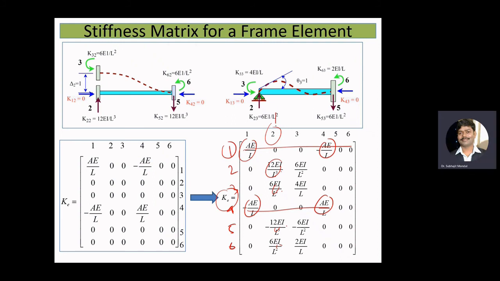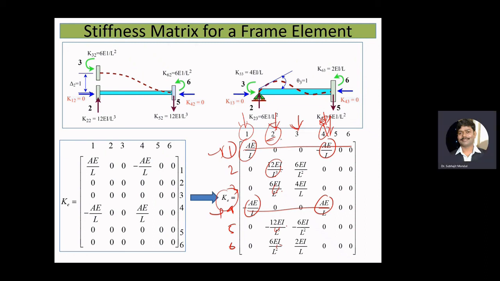Okay, so here we have filled the second column and the third column. Initially we considered the first degree of freedom, so we filled the first column and the first row, and then we considered the fourth degree of freedom, and we filled the fourth column and the fourth row.